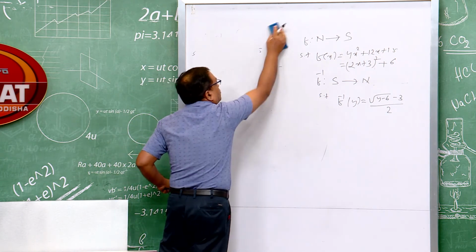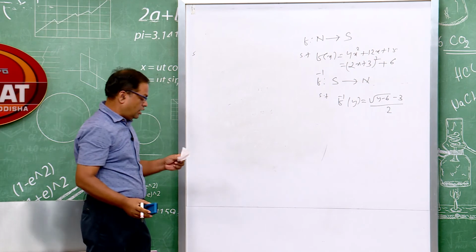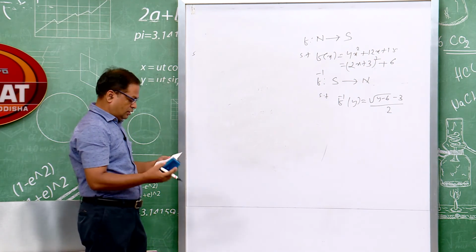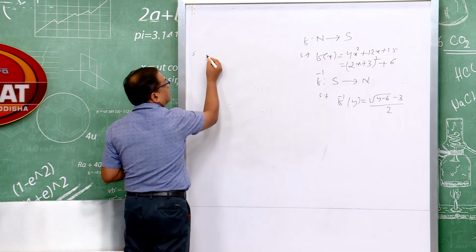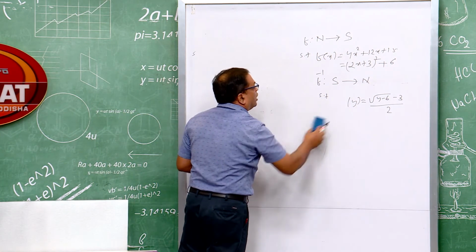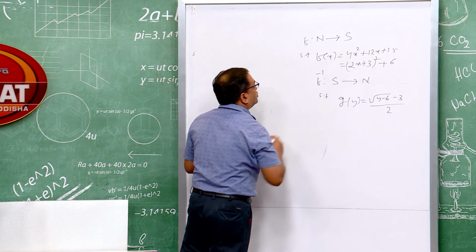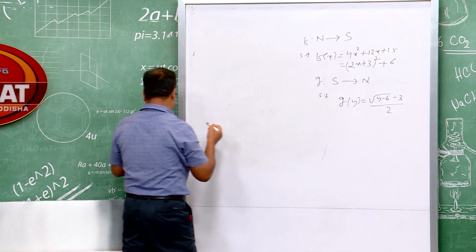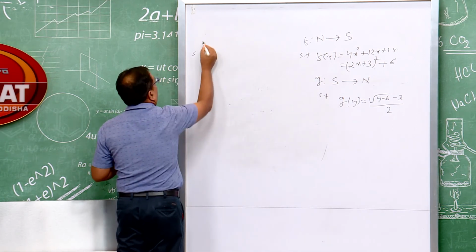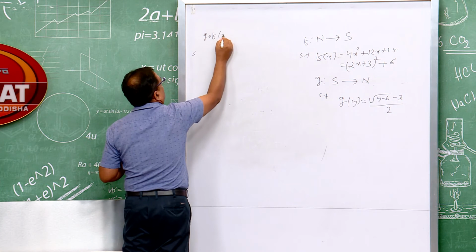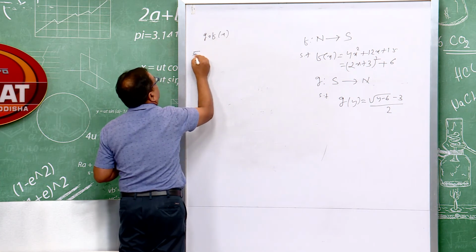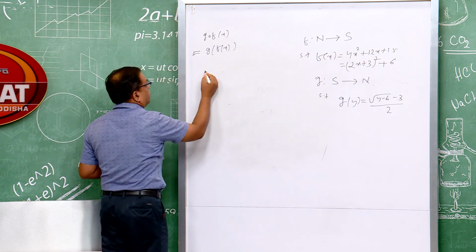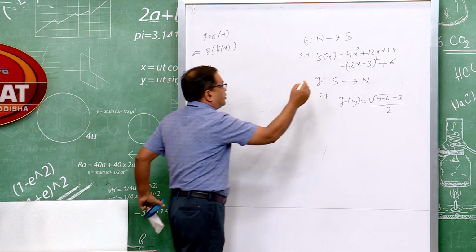Now if f inverse is the inverse of f, then the function composition f composition f inverse should be equal to the identity. Suppose f inverse is given as g. You can give it any name. So g composition f of x will be equal to g of f(x). What is f(x)? This is your f(x).